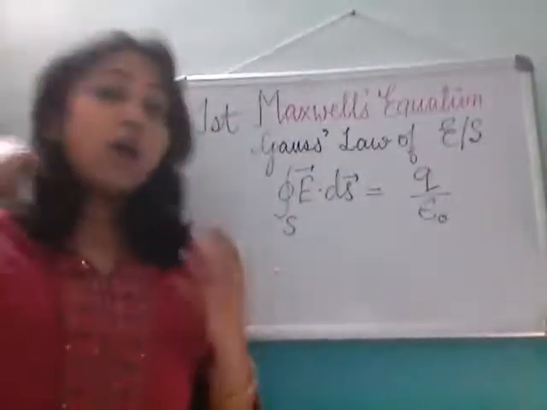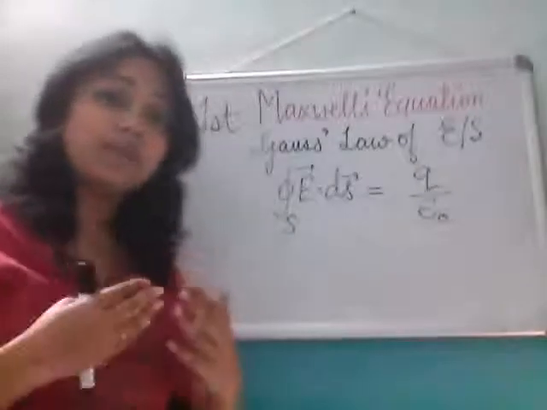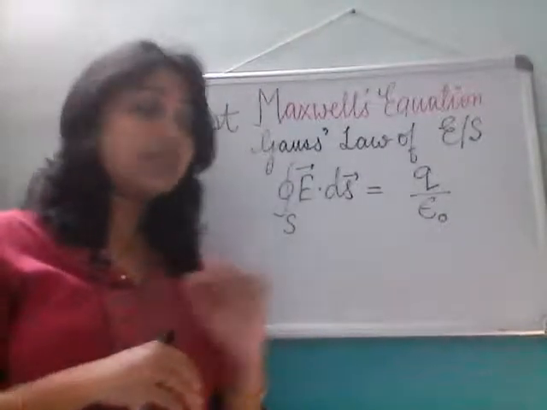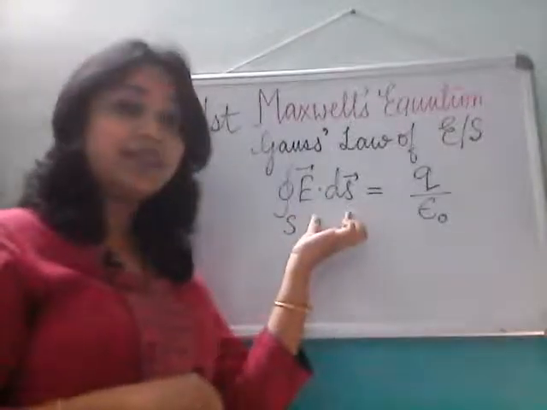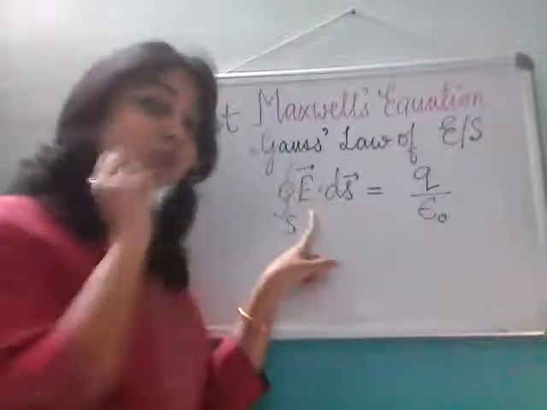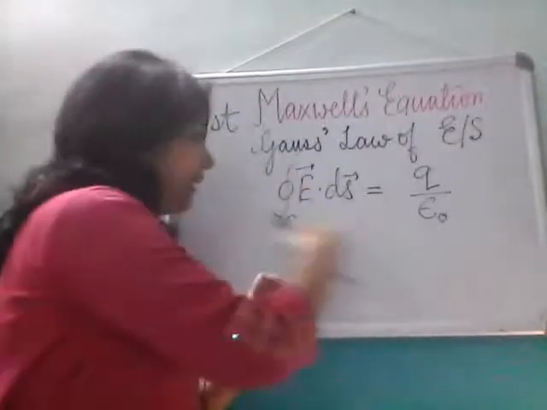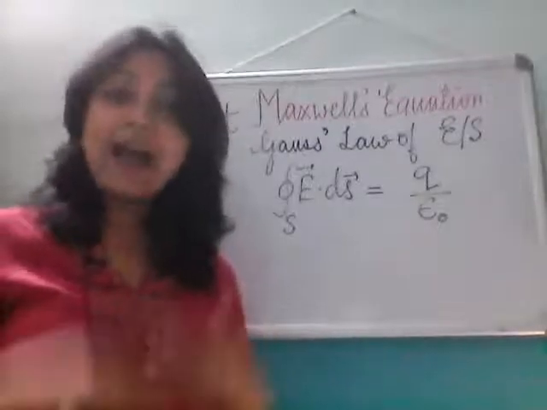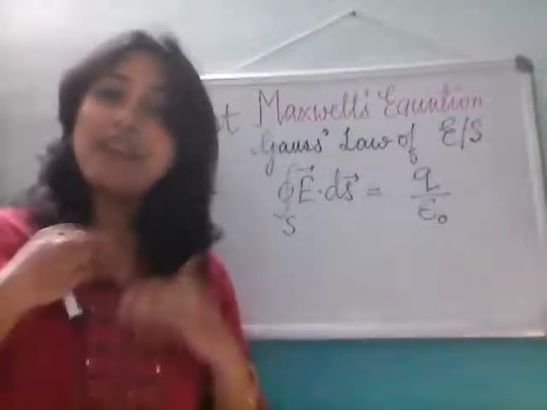Now see, what have we essentially written over here? Just remember the prerequisites that we were discussing. When I take a vector and take the dot product with a small surface and then integrate it over the entire surface, what am I actually calculating? I am calculating the total flux.